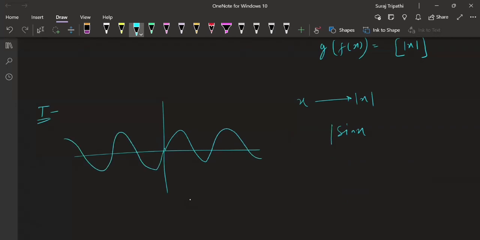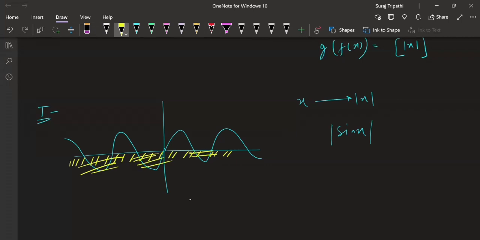To find the modulus of this sin x, what we have to do, whatever function is given below this x axis, all this part below the x axis we have to remove.